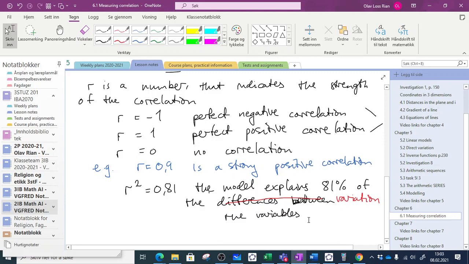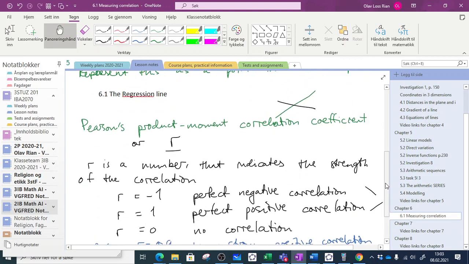Right. So a bit of explaining of this awkward name. This word product refers to multiplication of the variables x and y in the two data sets. And x and y is also adjusted by the mean.